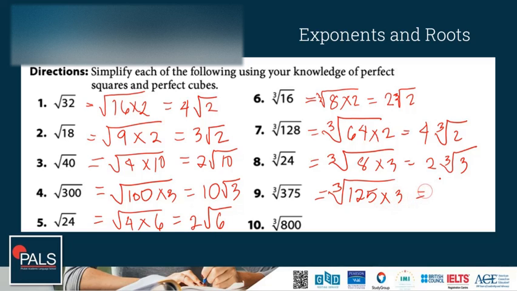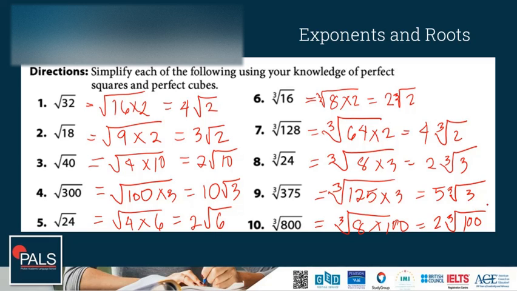Cube root of 125 is 5, so 5 cube root of 3. Number 10, cube root of 800 is cube root of 8 times 100, which is equal to 2 cube root of 100.